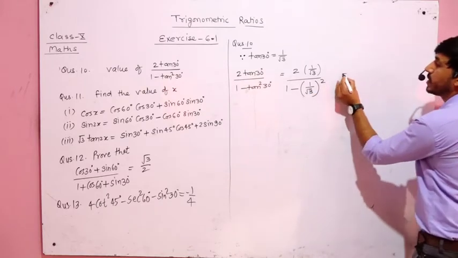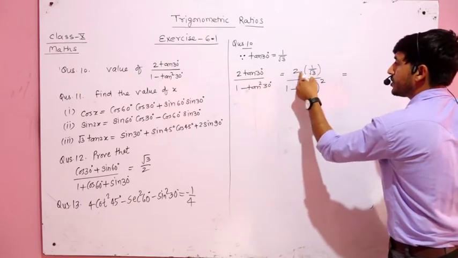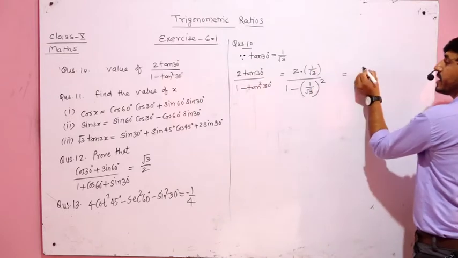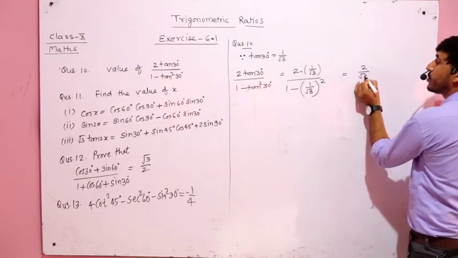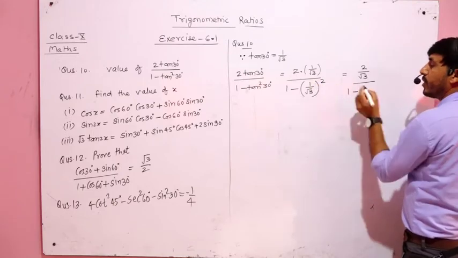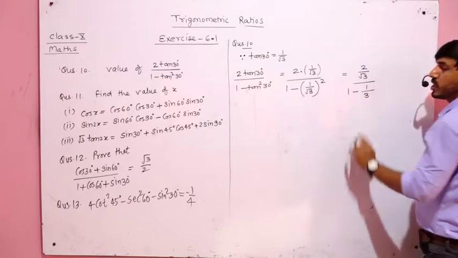Solve this term. Then we can write 2 into 1, that is 2, divided by root 3, and that is divided by 1 minus square of 1, that is 1, divided by square of root 3, that is 3.